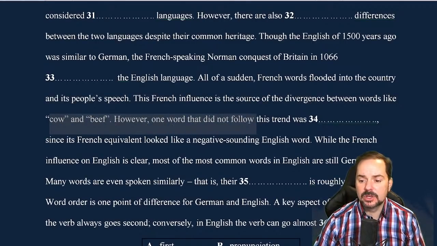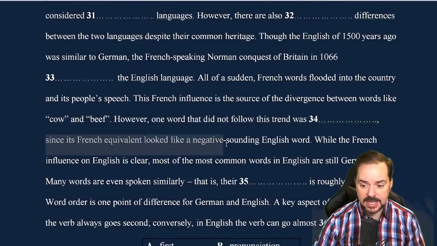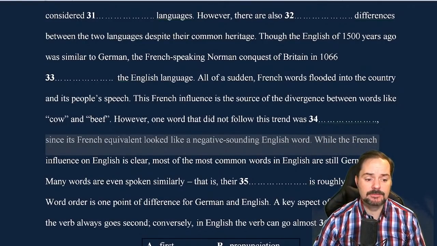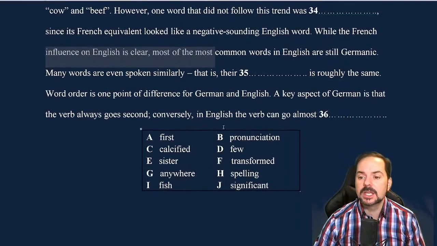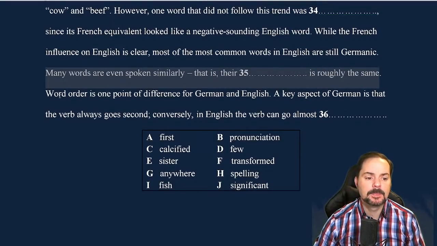However, one word that did not follow this trend was something, since its French equivalent looked like a negative-sounding English word. While the French influence on English is clear, most of the common words in English are still Germanic. Many words are even spoken similarly, that is, something is roughly the same.